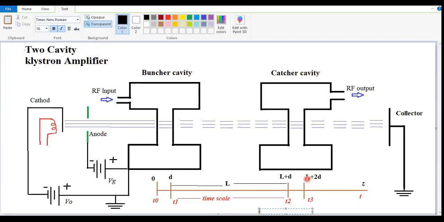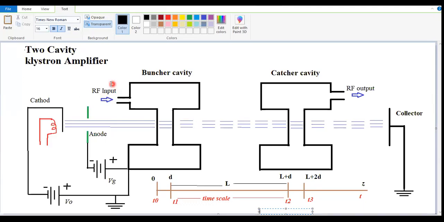The two cavity klystron oscillator is usually not used generally, because when the oscillation frequency is varied, whatever the input frequency, you can say the oscillation frequency, the resonant frequency of each cavity and the feedback path phase shift must be readjusted for a positive feedback.